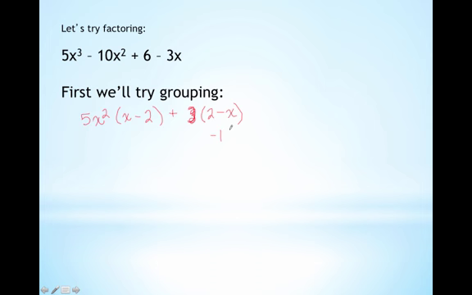If I take a -1 out, I'm going to have -1 times x minus 2. Well, remember that -1 is going to affect that 3, so this is now a -3. So I really have minus 3 times x minus 2. Okay, so what I have is x minus 2 times 5x squared minus 3, because I took that negative out, which was able to flip the signs on my x and my 2 so that I had common factors. And that's my final answer.